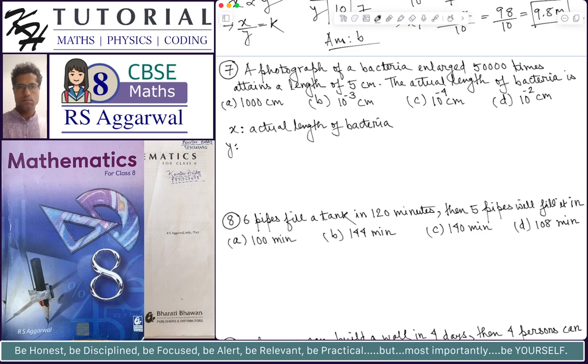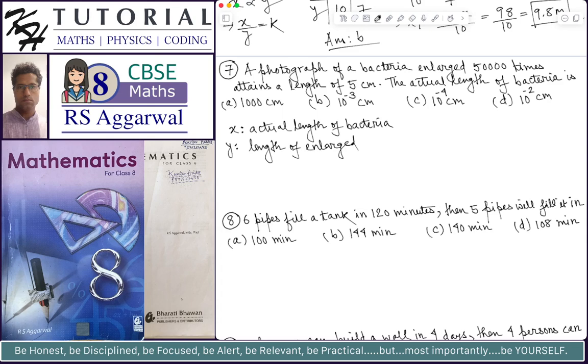So basically, the quantities are the actual length of the bacteria and the enlarged length of the photograph.